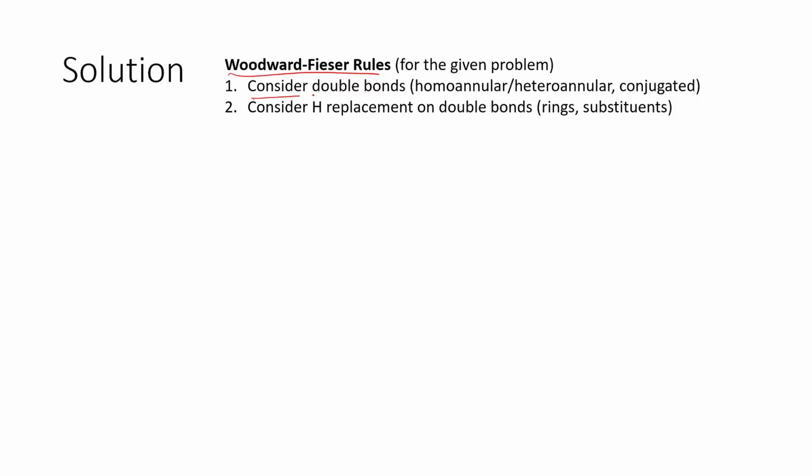First, we consider the double bonds, whether they are homoannular, heteroannular, conjugated or isolated. Based on that, we decide the base value for that conjugated diene. Second, we consider the H replacement on the double bond with respect to either rings or substituents. These are the 2 things we will use to identify the right structure in this problem.